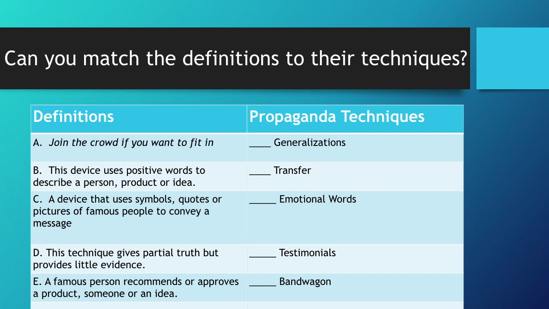If you said emotional words, you are absolutely correct. Let's go to C. A device that uses symbols, quotes, or pictures of famous people to convey a message.